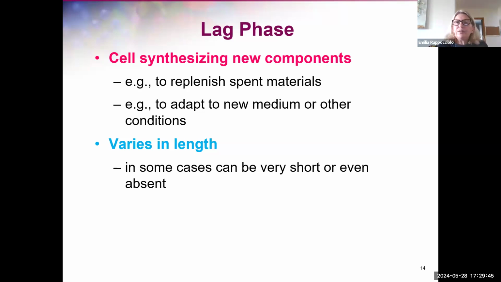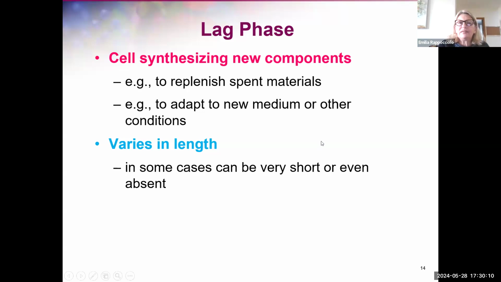It might be a long time, it might be a short time. The length of the lag phase is not fixed, depending on the state of the cell. If the cell is ready for division, it might be very short. If it needs to do everything, it might take longer.